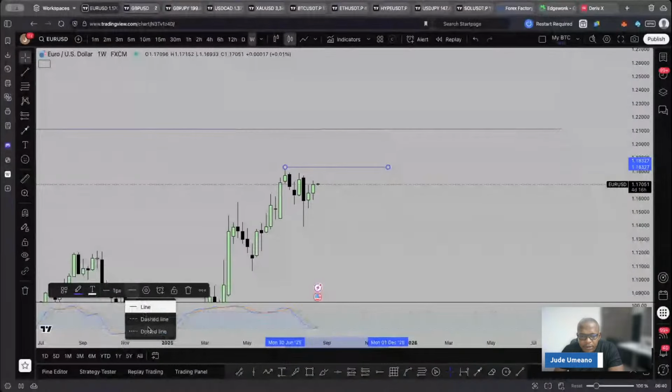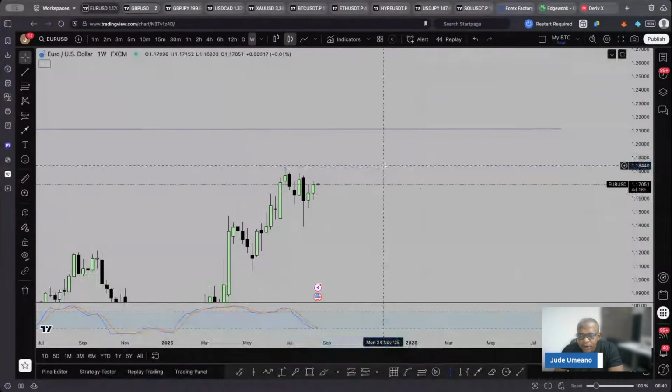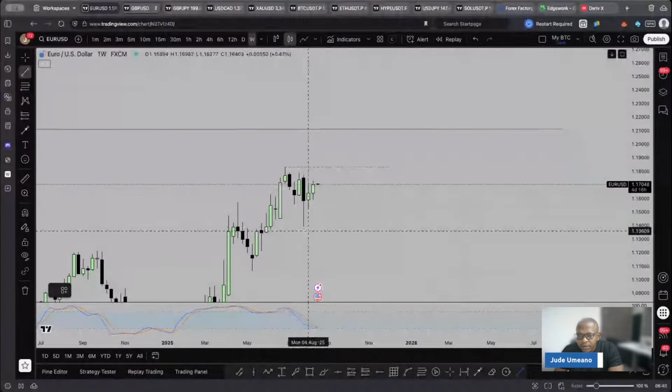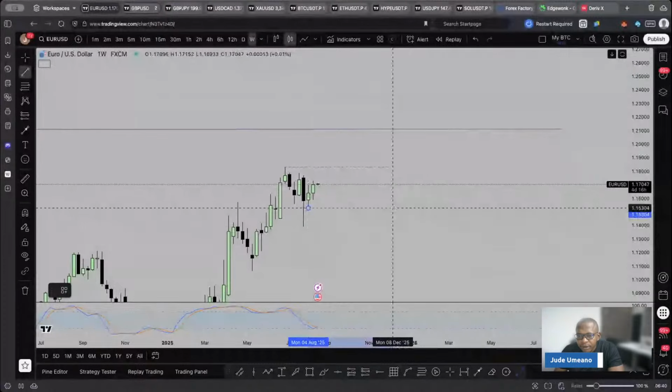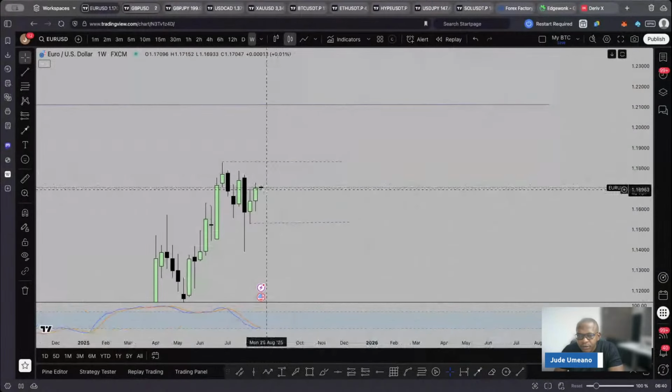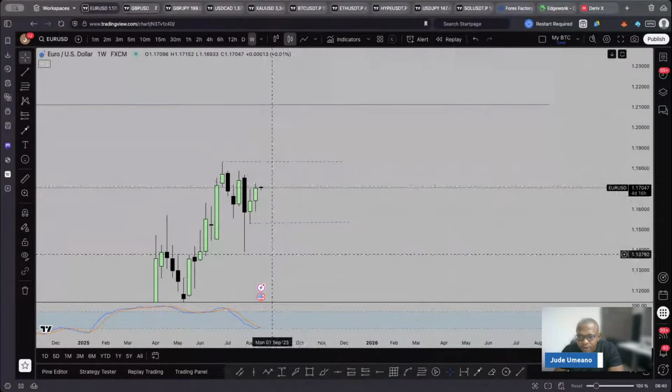Let's make this dash line. This top and this bottom is still where I want to trade. As a matter of fact, I'm going to go for this particular bottom here. This will be my trading range for this week. So it's just within this place I want to trade this week.